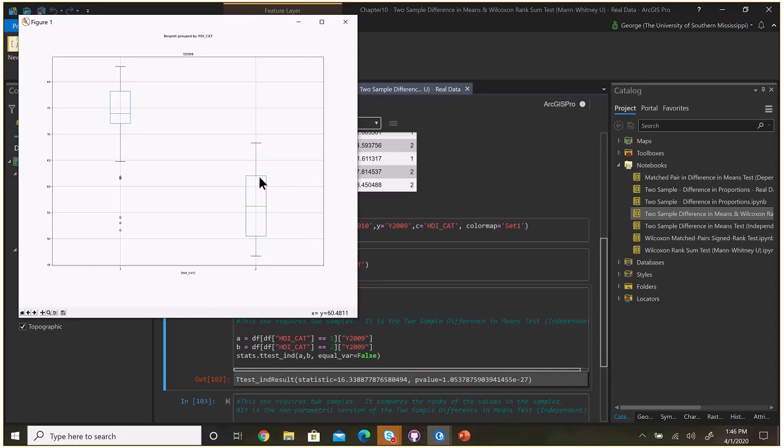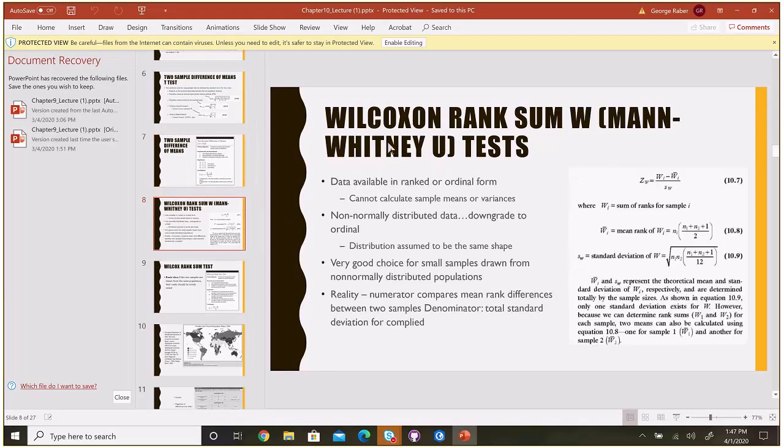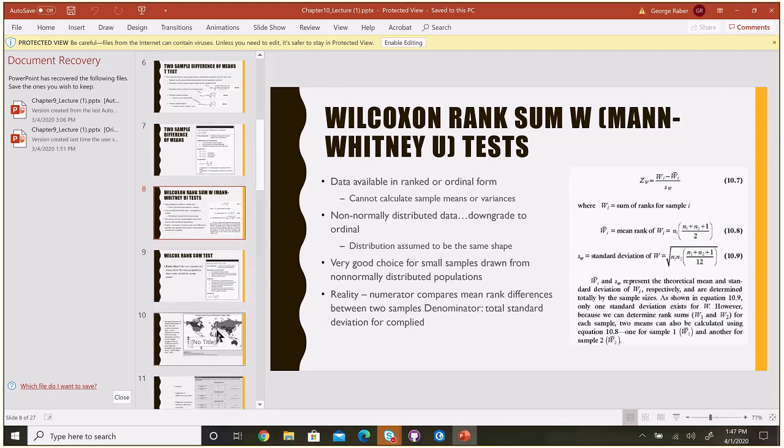Okay, we've got a mean and it goes out to a certain point, but the higher development countries, they don't look as normally distributed. There's a big skew toward the lower levels of percent of females in the labor force. So it might be better, it probably is better, to use the Wilcoxon rank sum. Okay.